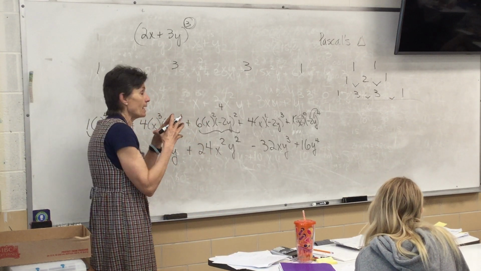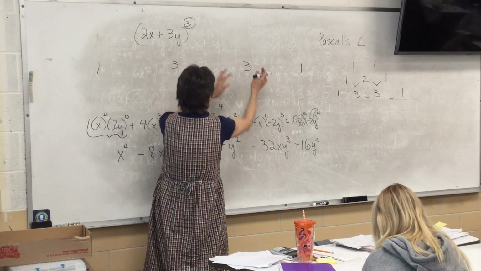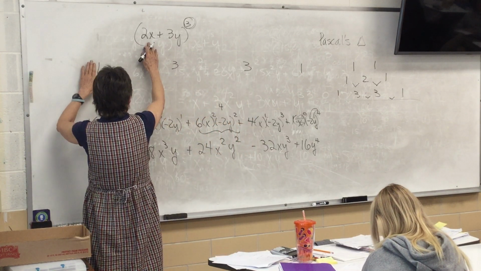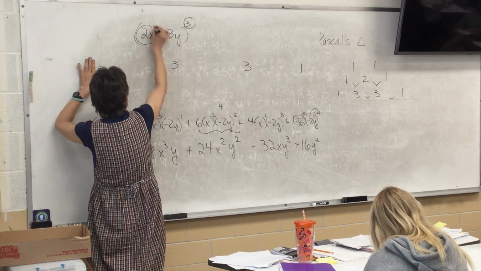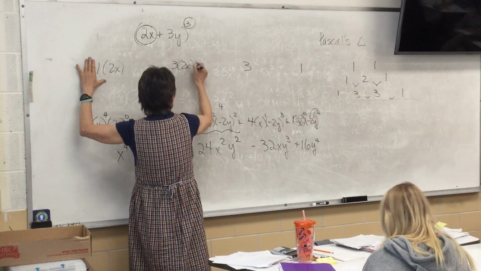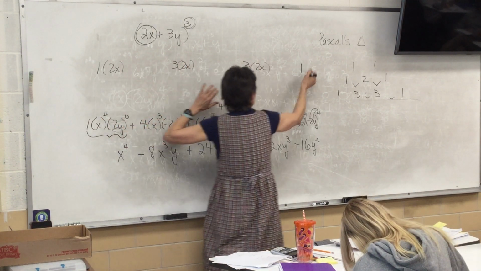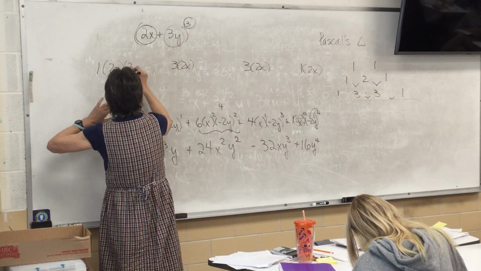Okay? Now, Ben, what am I going to put next to each of these numbers? 2x. Yep. So 2x goes next to everything. And what else is going to go next to everything? 3y.